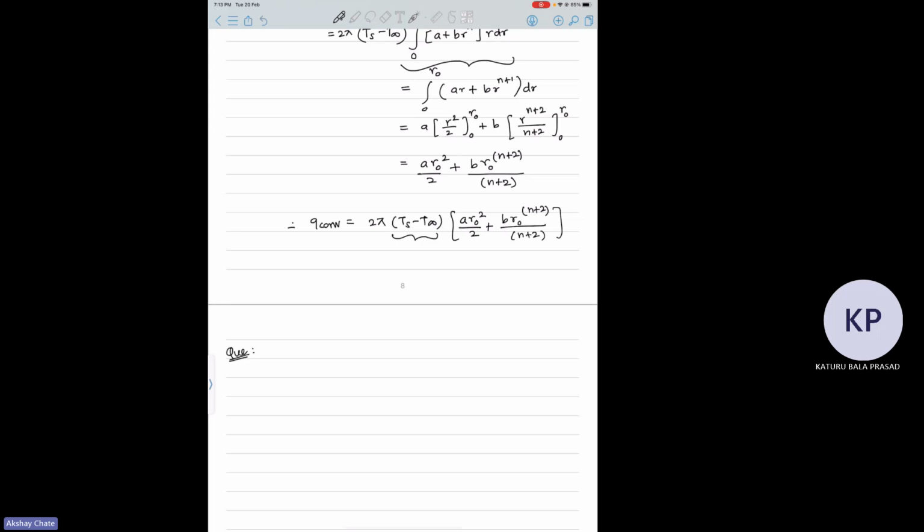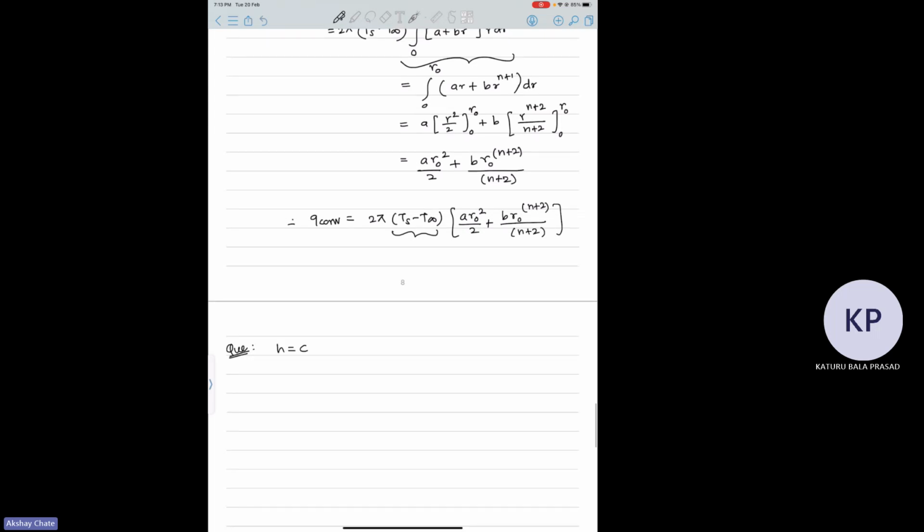Here they have mentioned the heat transfer coefficient is a constant, and it is equal to 20 watt per meter square Kelvin. Ambient temperature T infinity is 20 degrees Celsius.